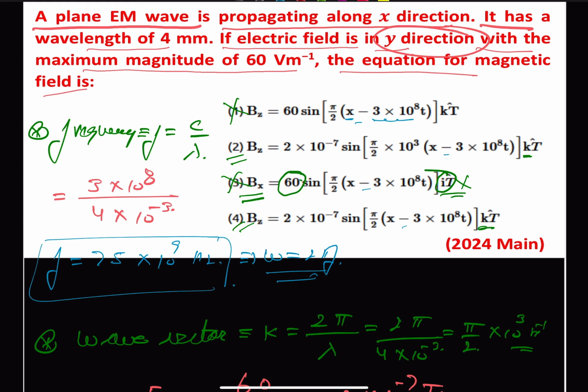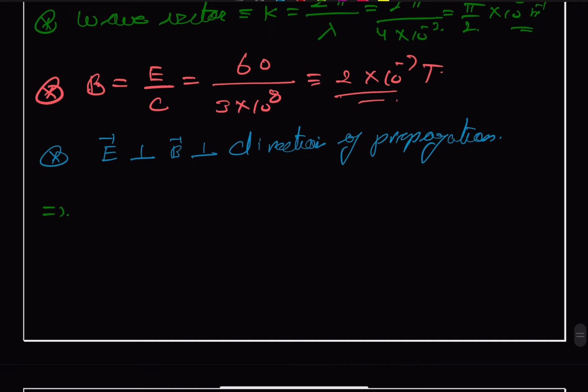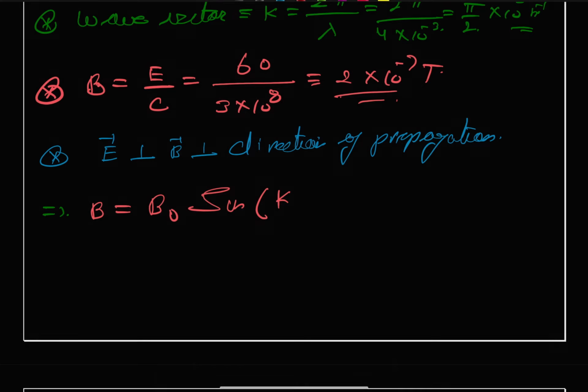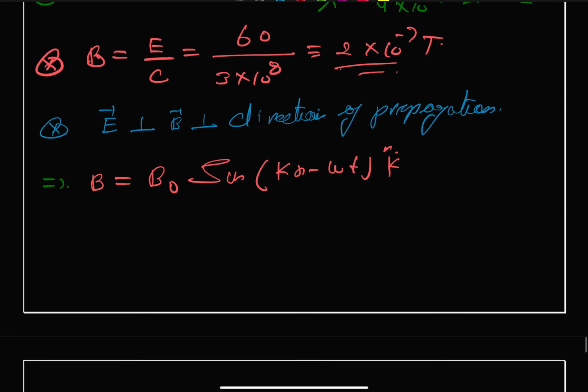So if the electric field is in the y direction, then we can write that our magnetic field B will be equal to B naught sine of kx minus omega t, with a k unit vector. Now we simply substitute the values.